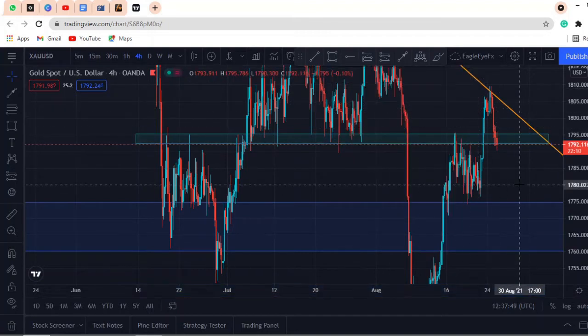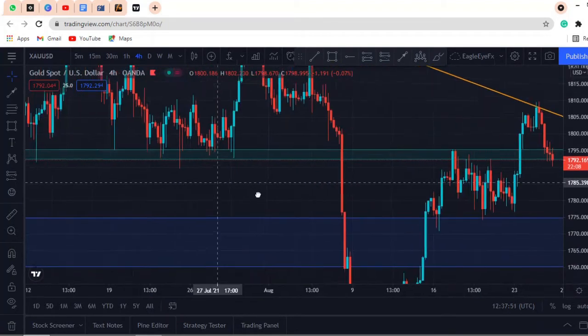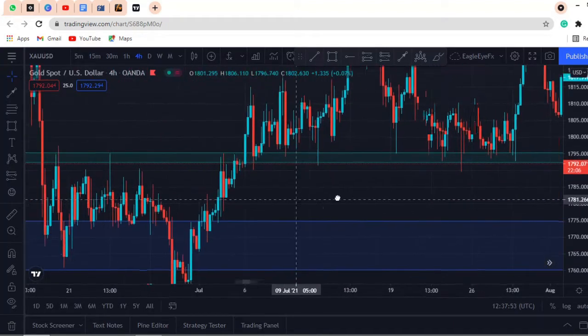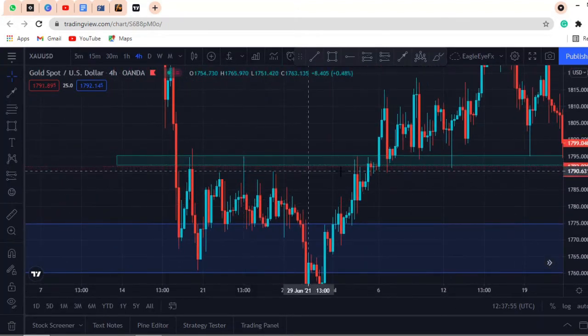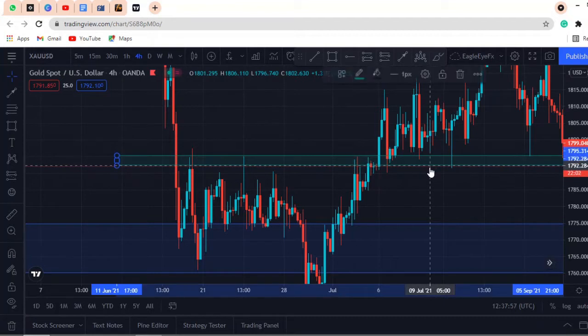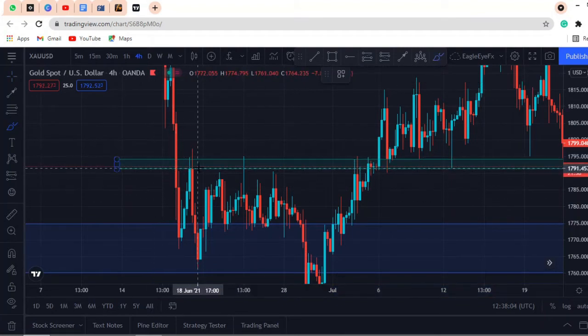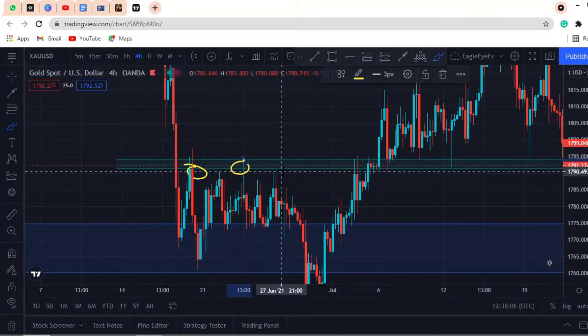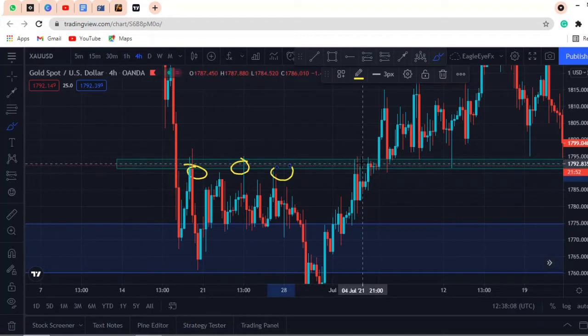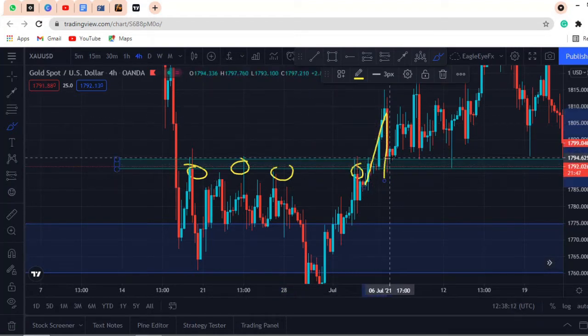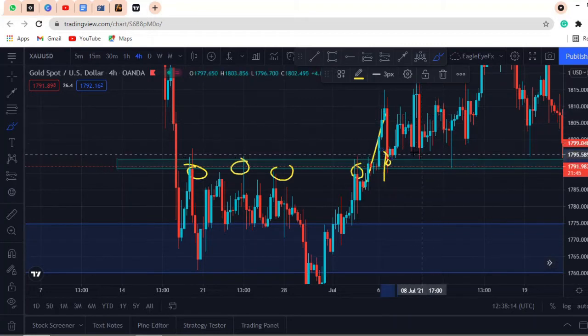The reason I'm interested in this level is that it acted as a resistance here, here, and here, before the market gained enough momentum to break, come and do some retest, and then act as a support.